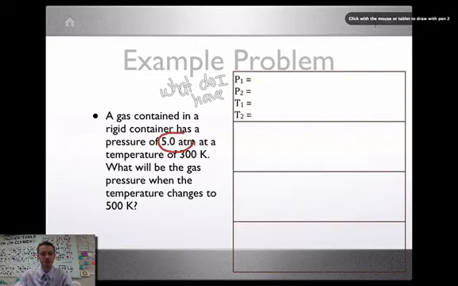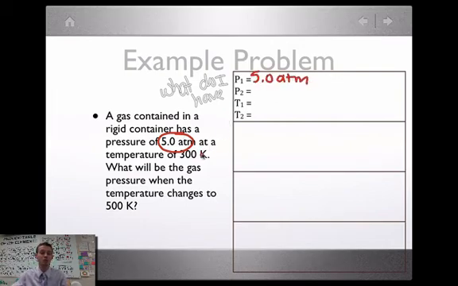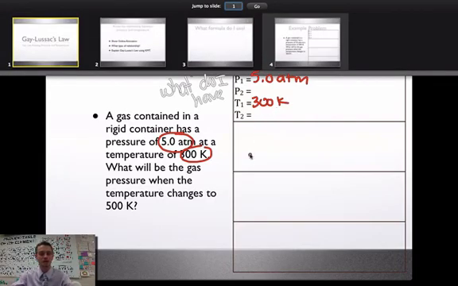My first pressure is 5 atm. I want to see what temperature goes with this pressure, and it says it's at 300 Kelvin, so I don't have to search far. Then it asks, what will be the gas pressure when the temperature changes?